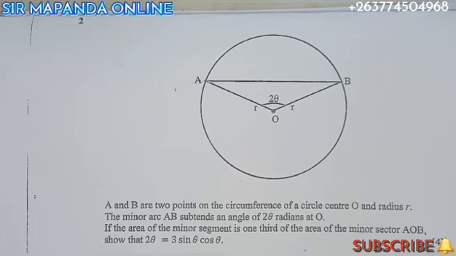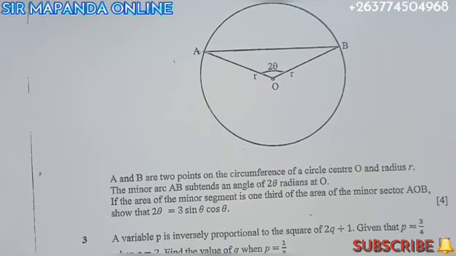If the area of the minor segment is 1/3 of the area of the minor sector AOB, show that 2 theta is equals to 3 sine theta cos theta, 4 marks.